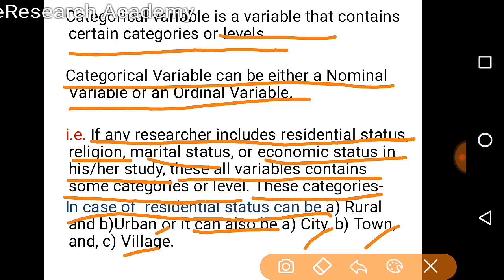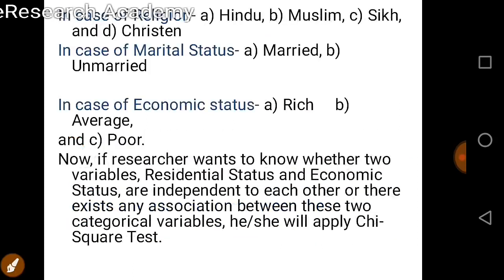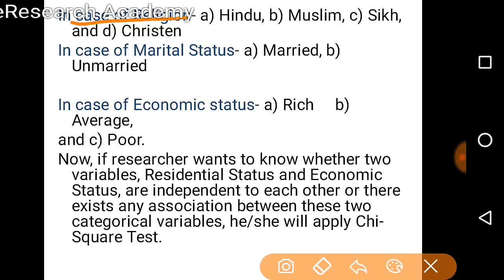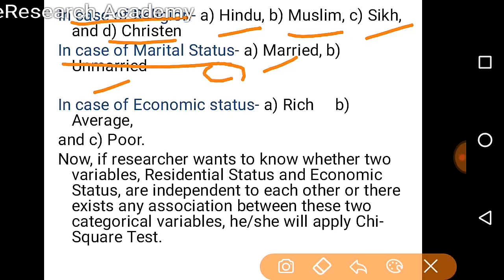So there can be three categories of residential status. In case of religion, the respondent can be Hindu, Muslim, Sikh or Christian. There can be four categories under the one variable, religion.